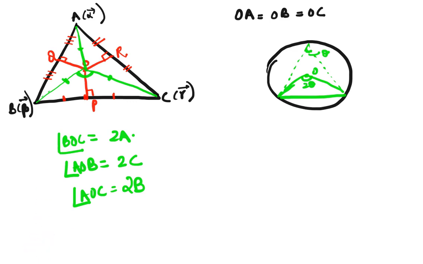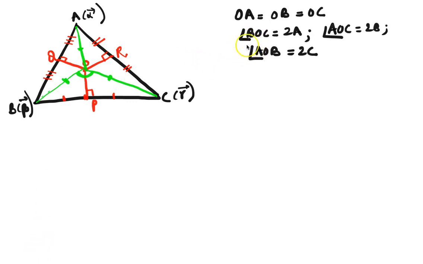Great, let's move ahead. Right, so we have proved angle BOC is 2A, AOC is 2B, and AOB is 2C.